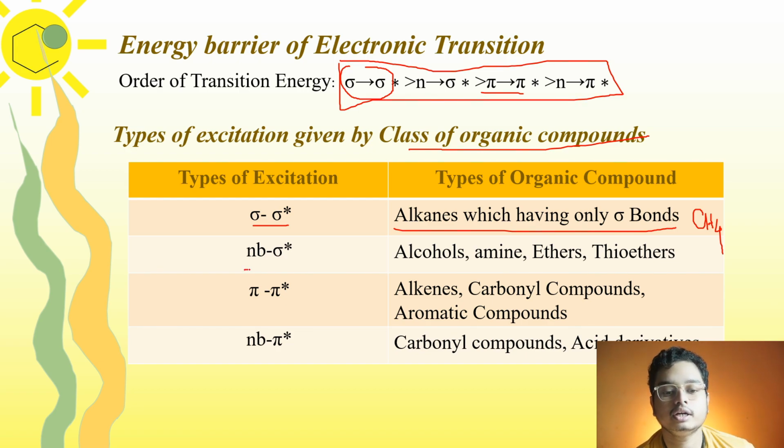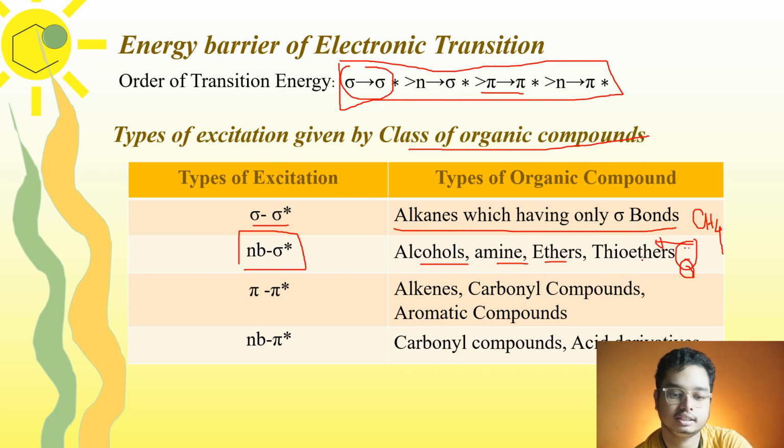Similarly, the non-bonding to sigma star transition is observed in molecules that contain a lone pair, like alcohols, amines, ethers, thioethers. Oxygen contains lone pairs, and those lone pairs are mainly present in the non-bonding orbital.